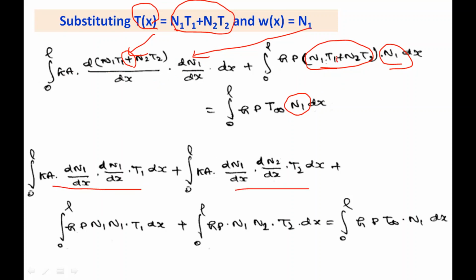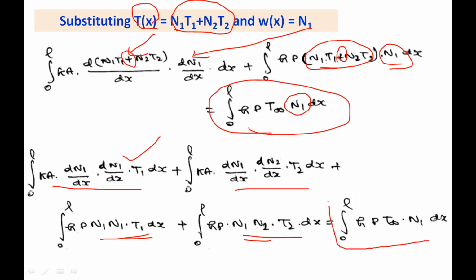Similarly, here also we have a plus term, so we will get two terms like this. These are the two elements of the stiffness matrix of conduction. These are going to give the two elements of the stiffness matrix for convection. And on the right hand side, we have the thermal load, integral hp T infinity N1 dx, like this.